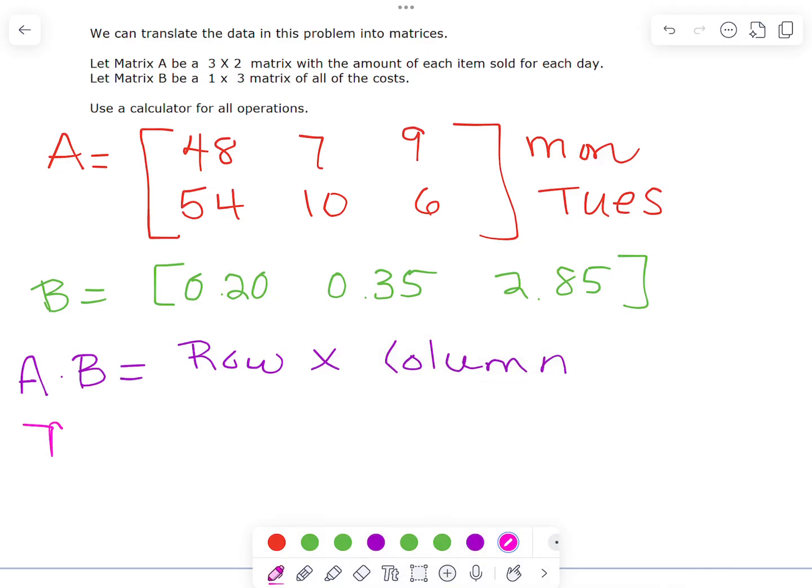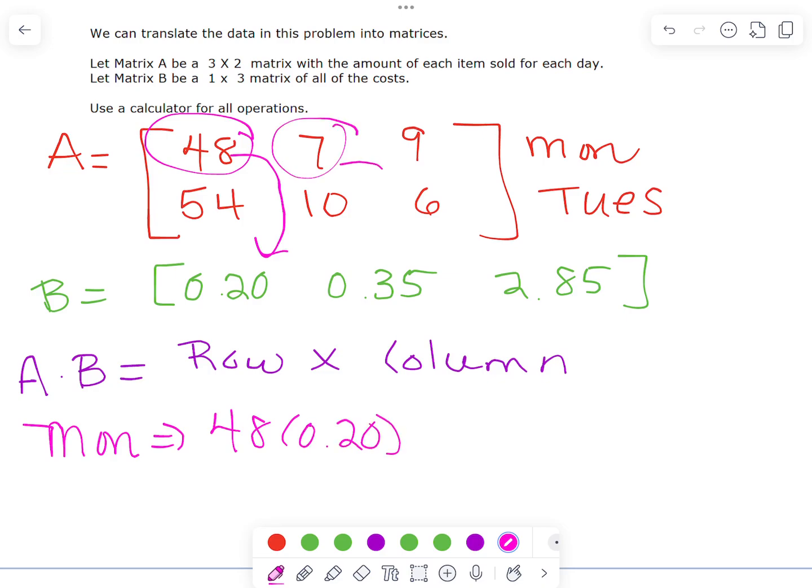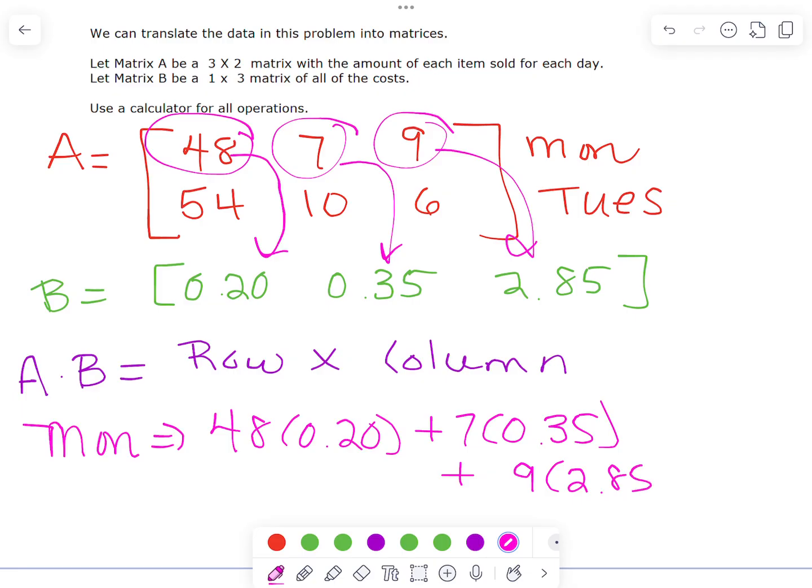I'm going to change colors here. You would take 48 times 20. Then you would take 7 times 35. And then you would take 9 times 285. And that would give you the total for Monday's sales that are sold.